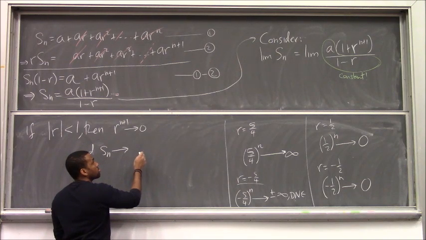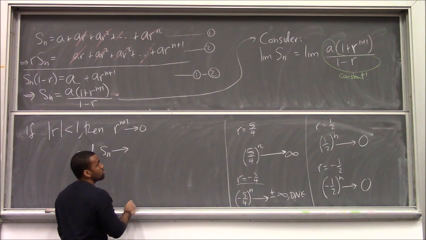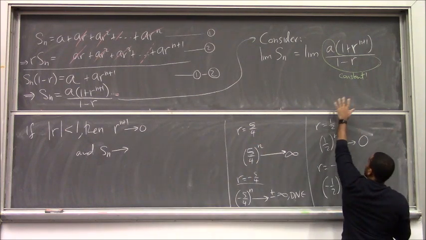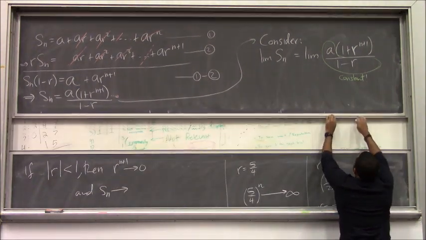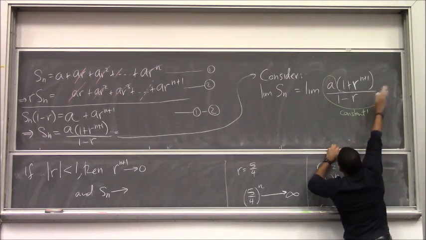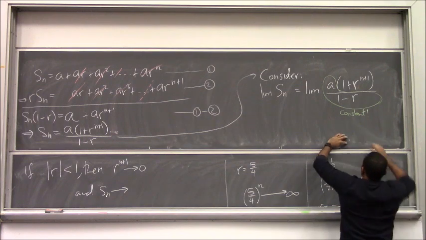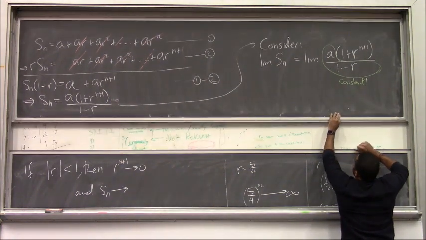0? No. No. Huh? It approaches S? So Sn is this whole thing, right? That whole thing is Sn. Now if you know this part is going to 0, what does the whole thing approach?